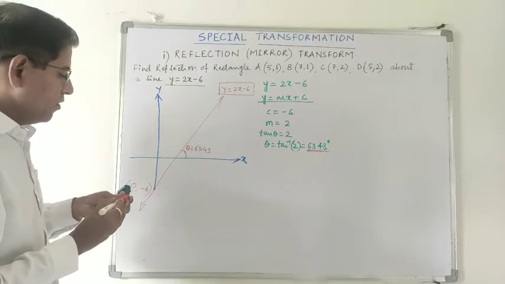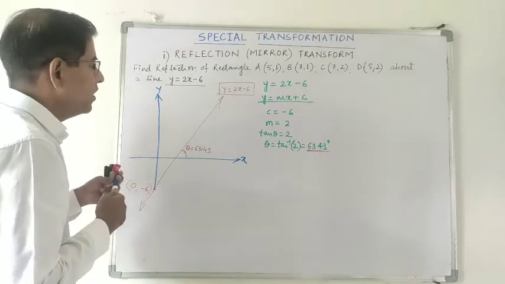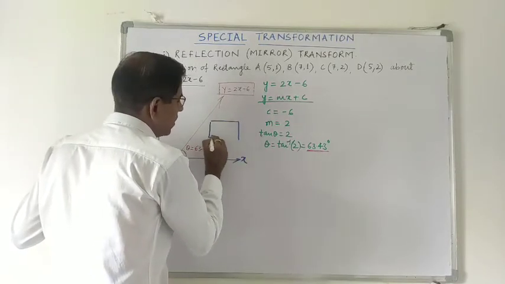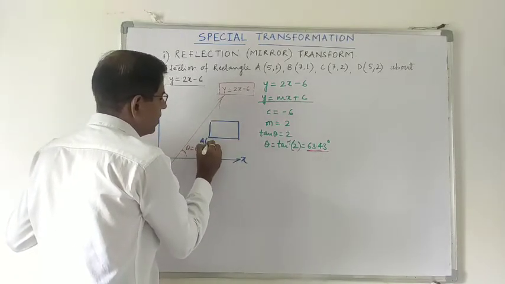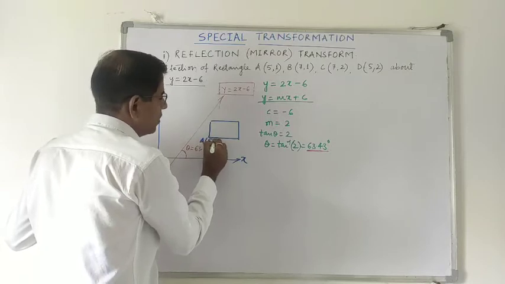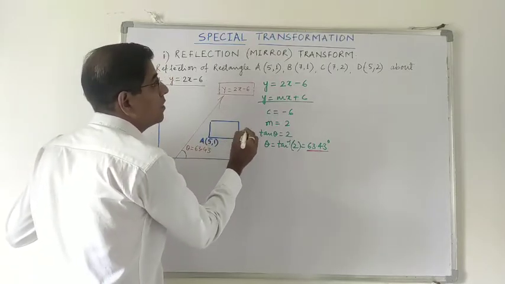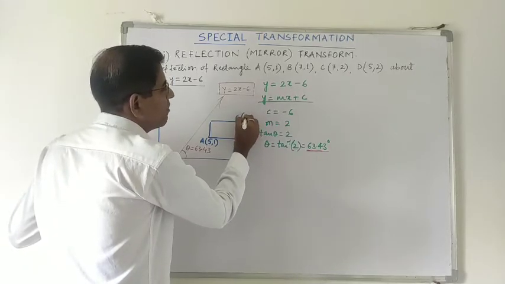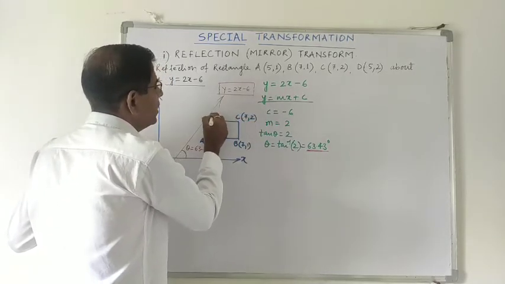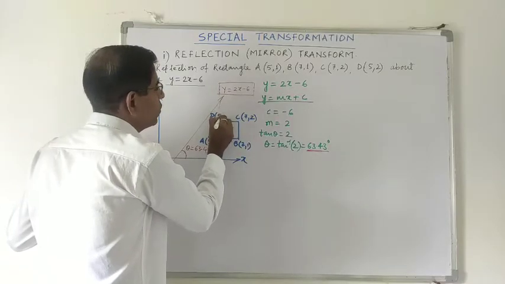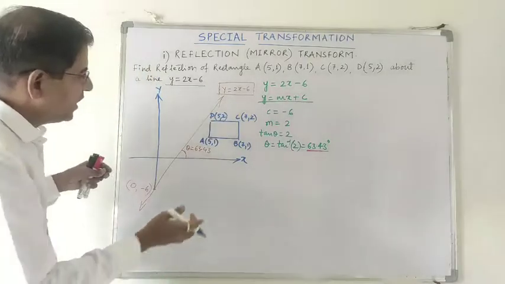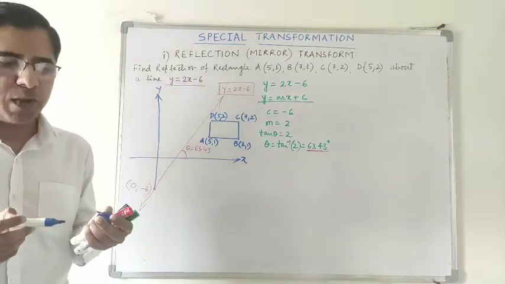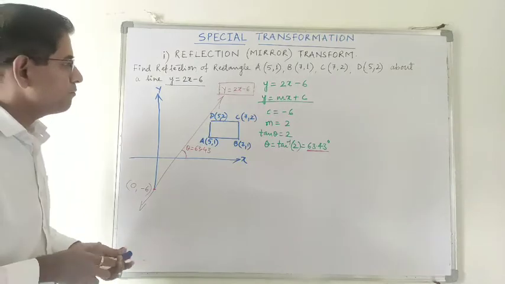And we have been given a rectangle: A(5,1), B(7,1), C(7,2) and D(5,2). We need to find the reflection of this rectangle about this line y equal to 2x minus 6.